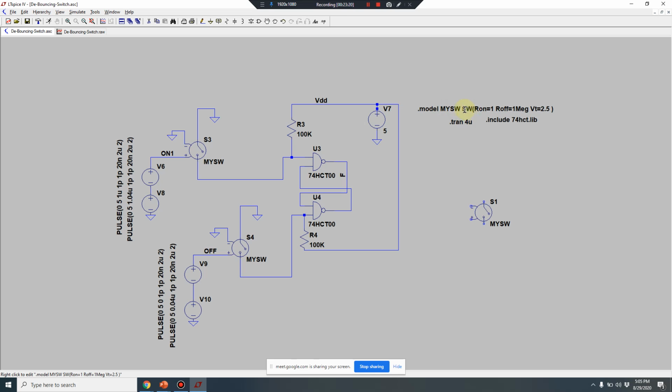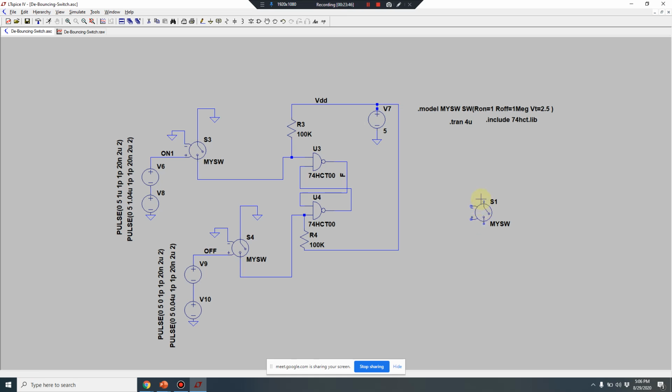This is the switch SW, which we have taken from the components. Ron means whenever I give a positive voltage here and the switch is on, the net resistance cannot be 0. It's an ideal switch, so you can give 0 also, but I am giving 1 ohm. 1 ohm is almost nothing. Roff means when there is no supply voltage given here, this switch will be off.